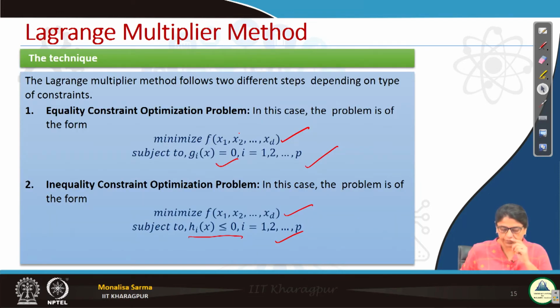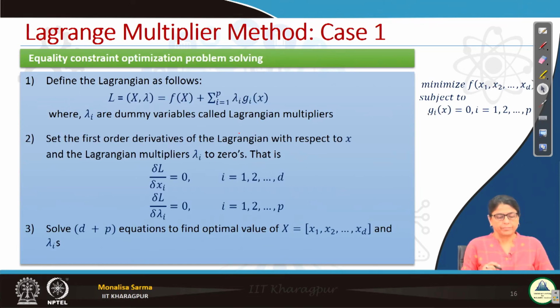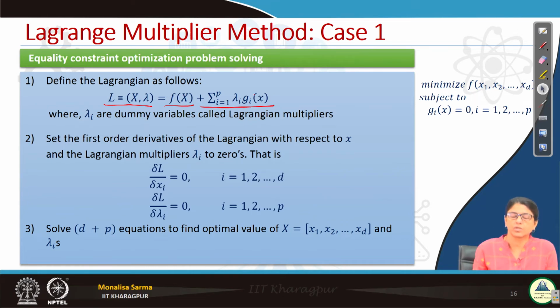Now, how do we define the Lagrangian? We introduce a new dummy parameter, lambda. The Lagrangian is f(x), that is the function, plus the summation of lambda i times gi, the summation of all the constraints multiplied by lambda i.